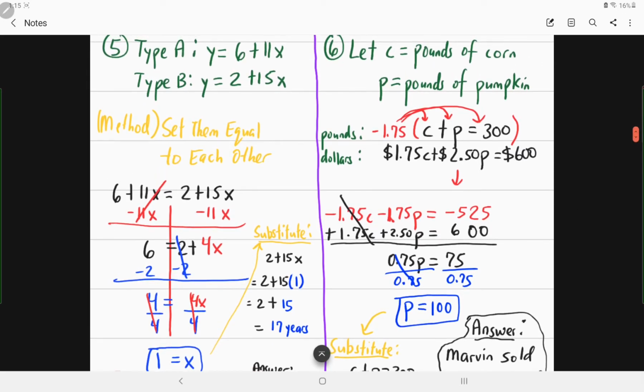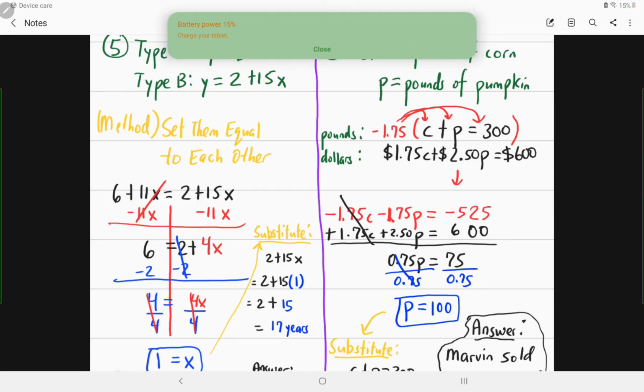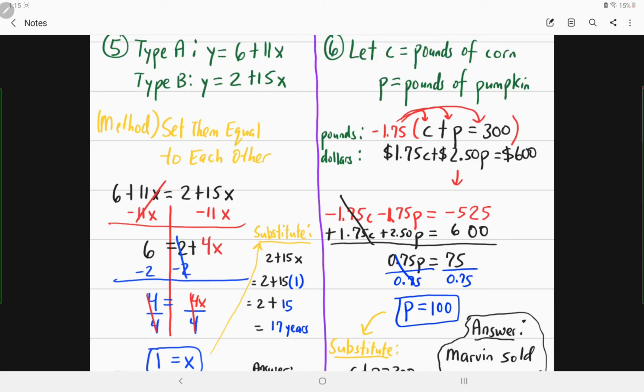So if you look at the top, I put C plus P equals 300. Now, we set it up that way because we have a certain amount of pounds of corn and a certain amount of pounds of pumpkin. We don't know how many of each. Problem doesn't tell us. So that's why we just put C plus P. Then we put equals 300.